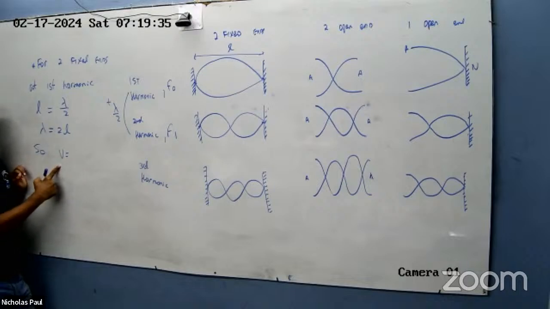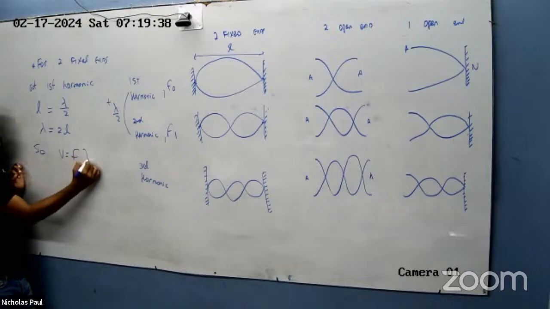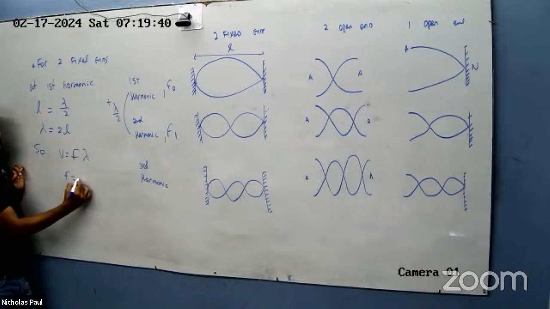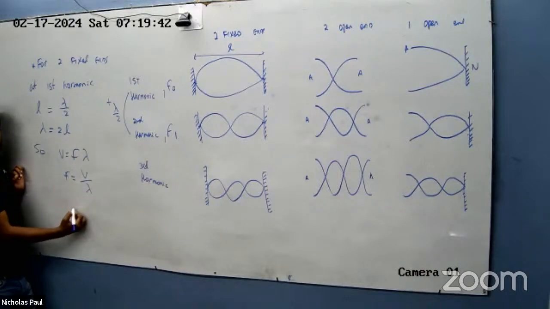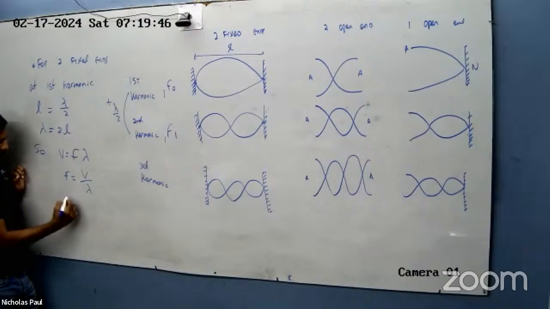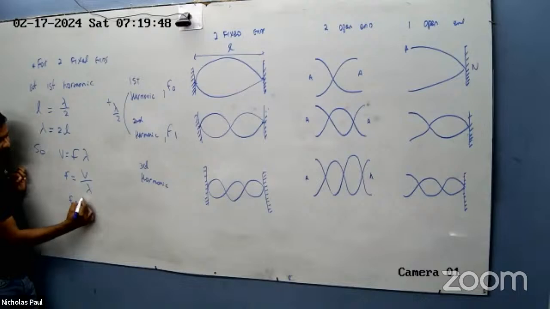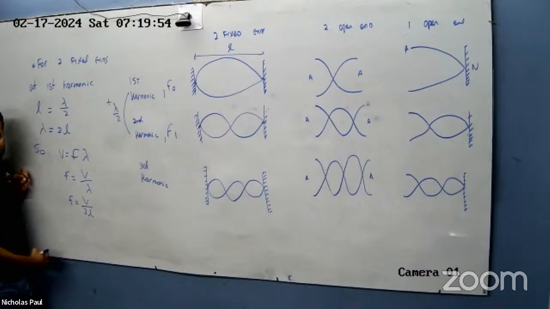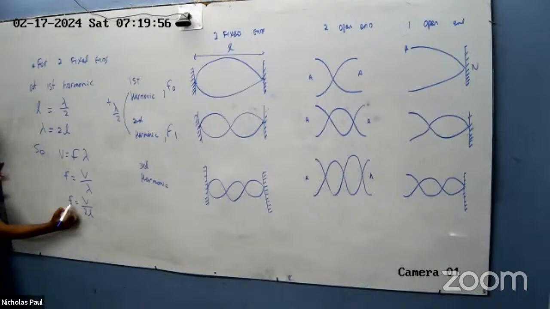Speed of a wave is frequency times lambda. So frequency is the speed of the wave over lambda. If I know the speed of the wave, the frequency is the speed of the wave divided by 2L. This is the frequency that the first harmonic will happen at.